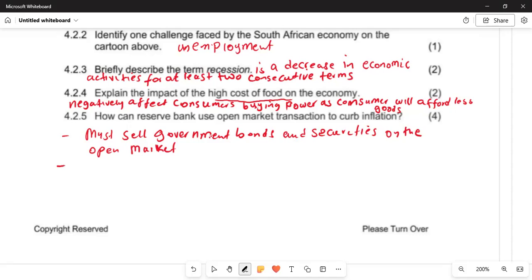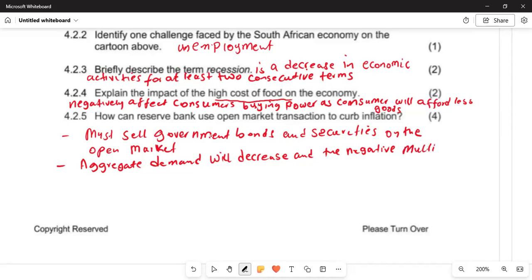Also, the aggregate demand will decrease and the negative multiplier effect will kick in.